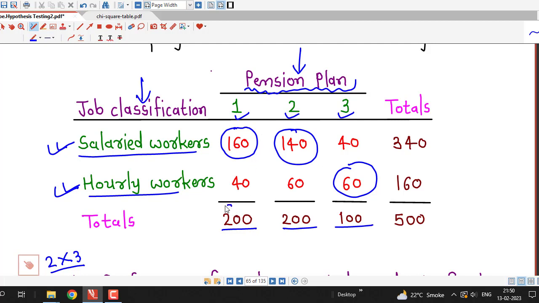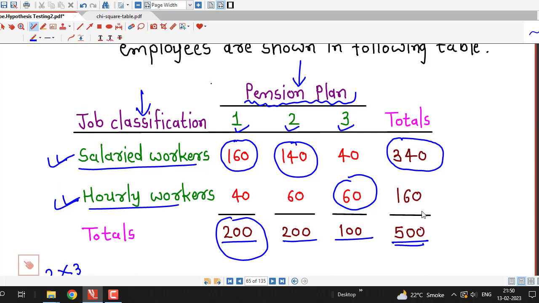There are 200 workers out of 500 who are interested in pension plan number 1. Similarly, there are 340 workers who are salaried workers out of 500 workers, and these are the observed frequencies.